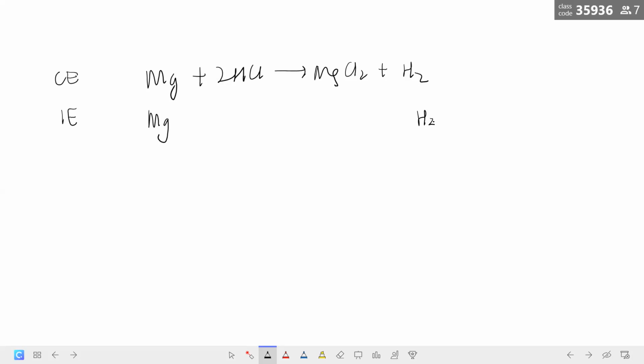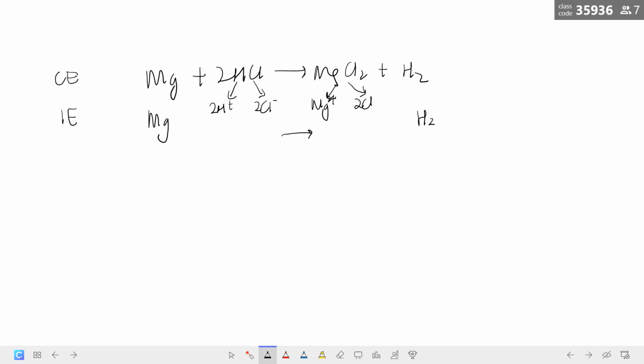So you can split up those two because they are aqueous. So basically it will become 2H plus and 2Cl minus. And then the other side will be Mg2 plus and 2Cl minus.